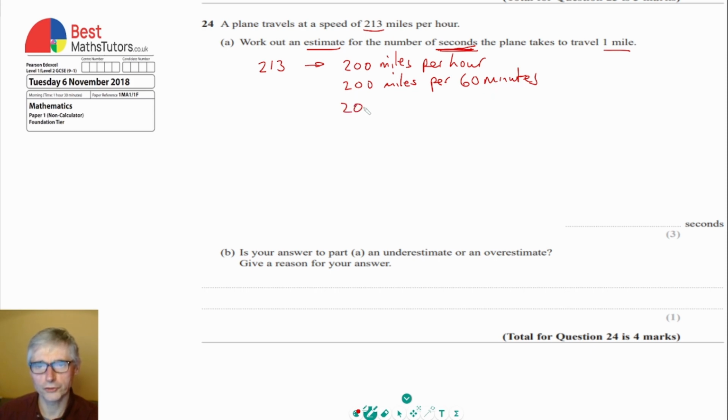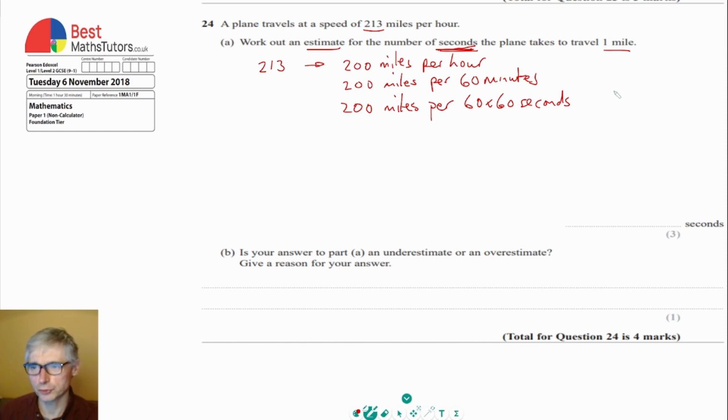Because there are 60 seconds in every minute, we can multiply that 60 minutes by 60 and that will give us the number of seconds. So we've got 60 times 60 seconds. We're just going to need to work that out at the side because we're on a non-calculator paper.